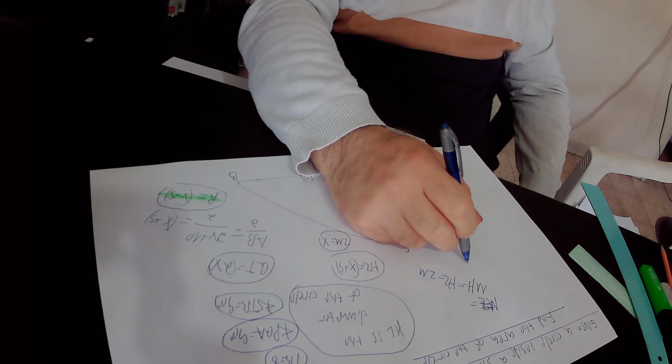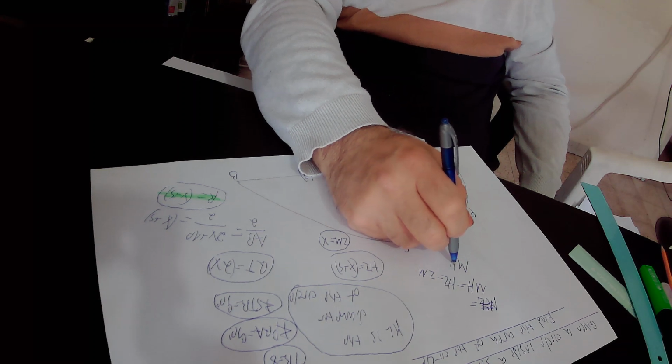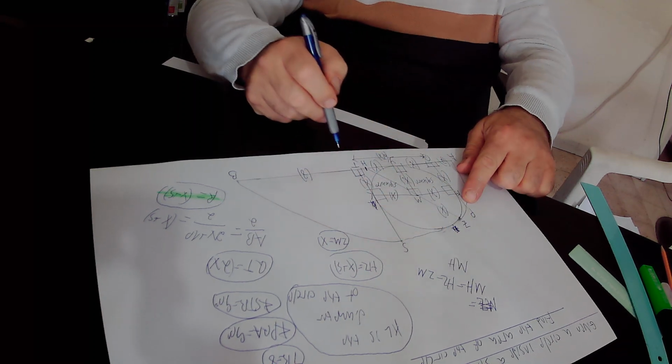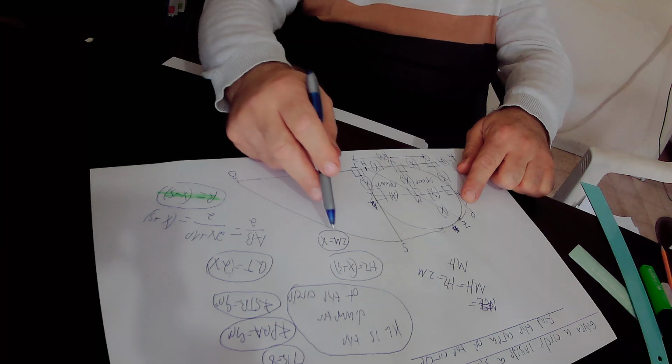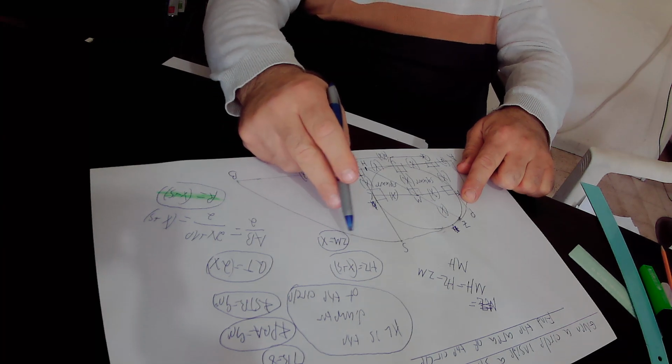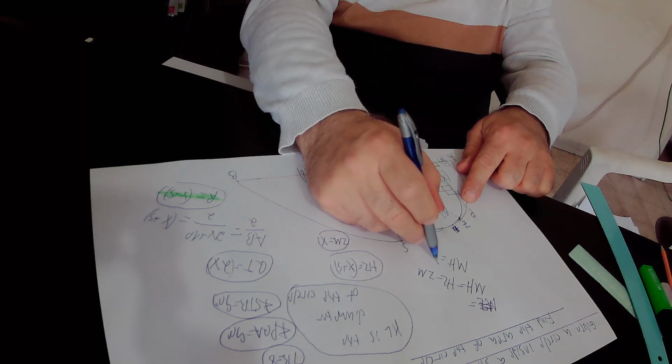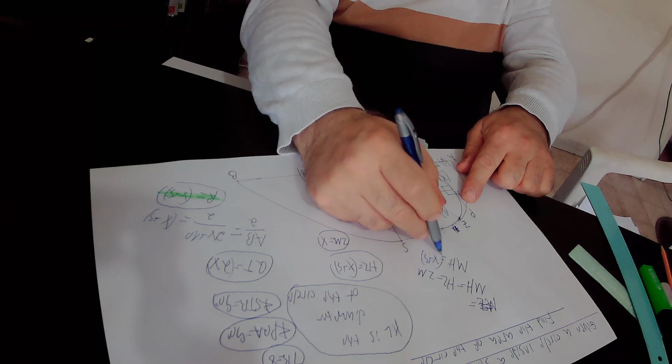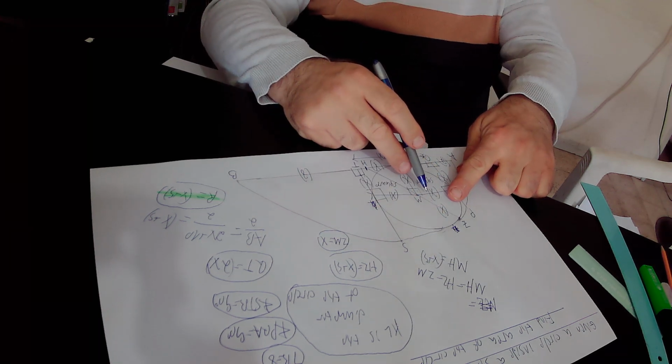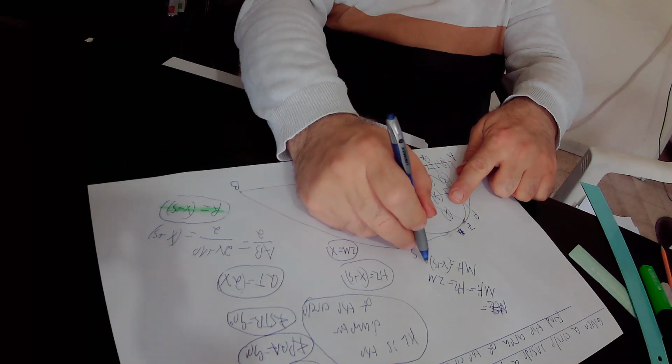So the missing side MH equals HZ, that is the radius of the semicircle, which is equal to x plus 5, minus ZM. ZM equals x, it is the radius of the small circle.